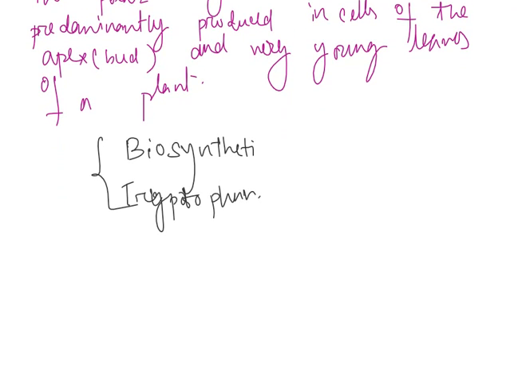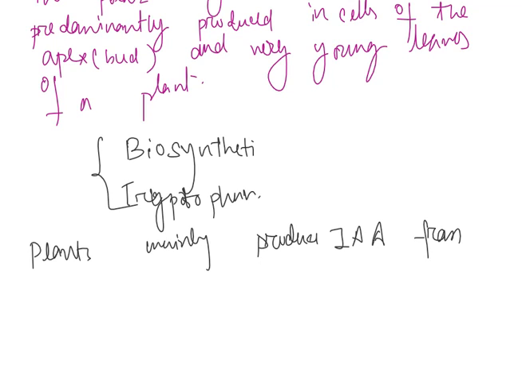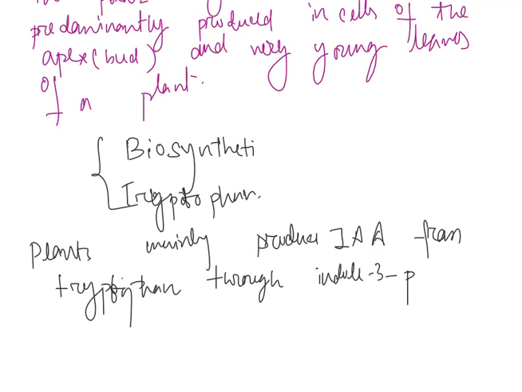Plants mainly produce IAA from tryptophan through indole 3 pyruvic acid.